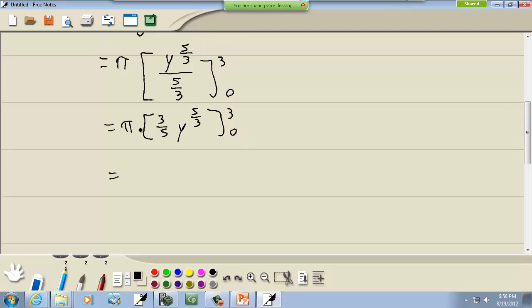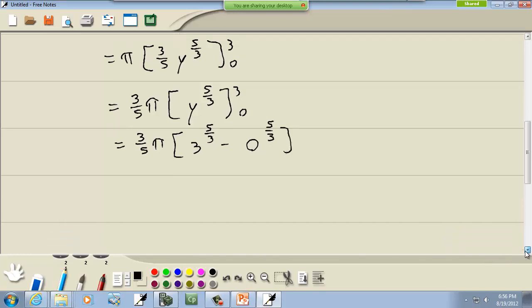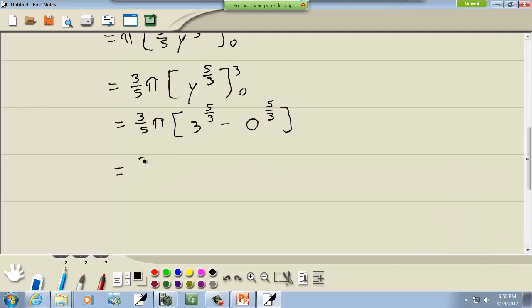Now, if you got a number inside here, you can always take it out in front. So you take the coefficient, put it out in front. And then we got y to the 5/3, from 3 to 0. So let's plug that in now. We got 3/5 pi times 3 to the 5/3 minus 0 to the 5/3. Well, 0 to any power is 0, so that drops away. And this right here would be 3 to the 5/3.